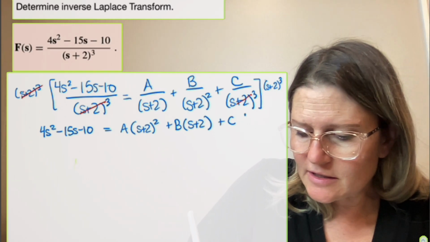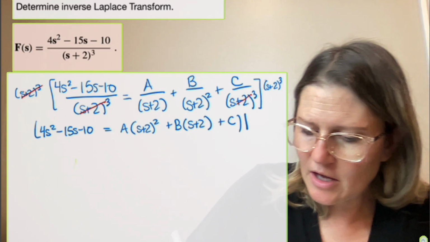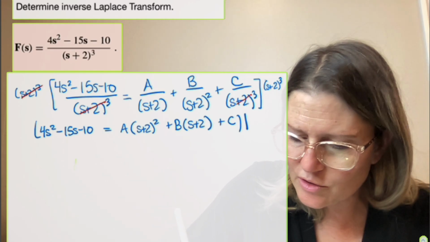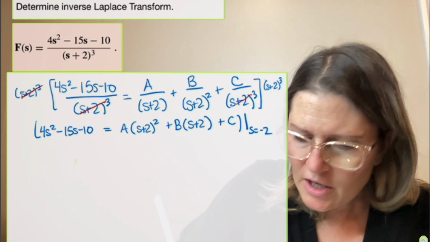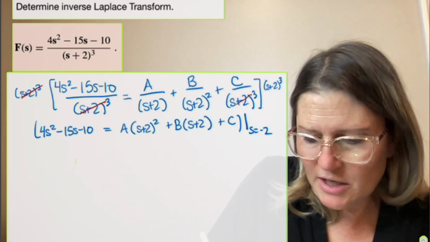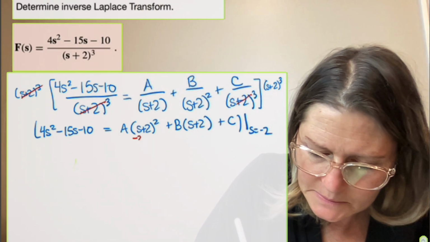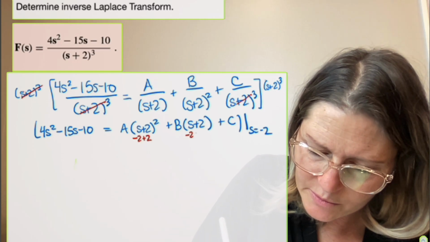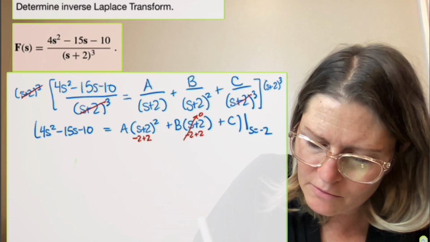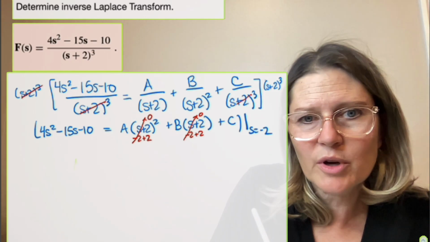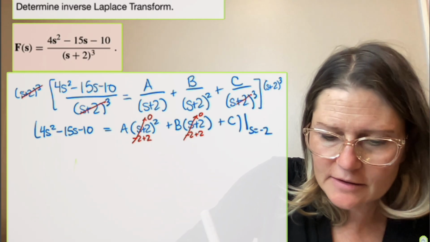We can set it to be now S equals minus 2. And so when we set it equal to minus 2, we note that these terms here actually go to 0, so A and B will go to 0, which makes it really nice.